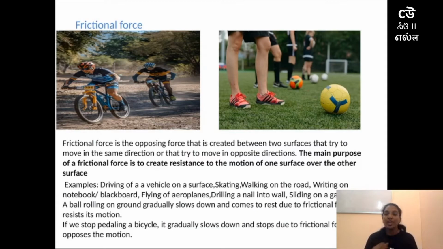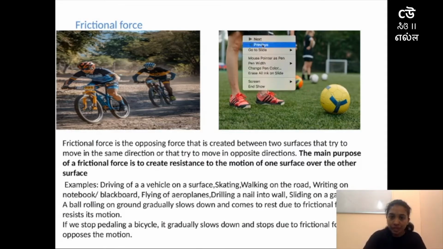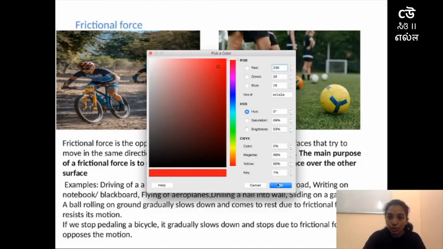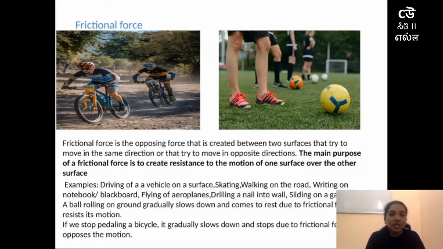For example, here in this slide I have displayed two pictures. In one, two of them are riding a cycle, and if they apply the brake, the bicycle which is moving will stop. I have also displayed one more photo where a team is playing football.